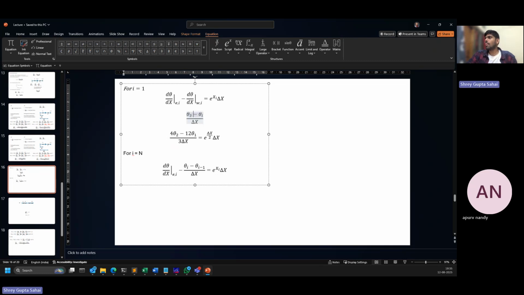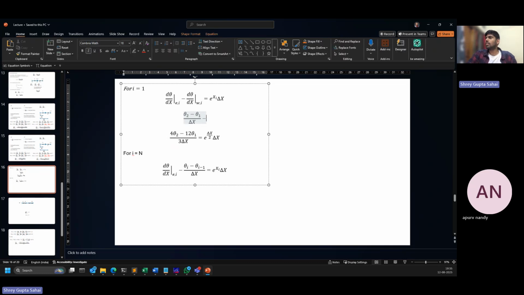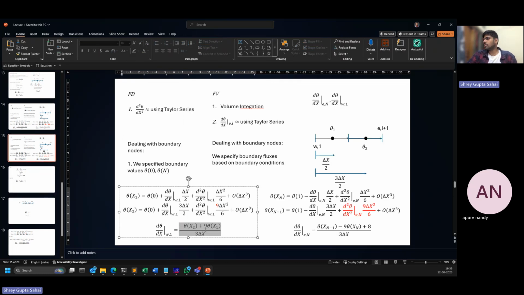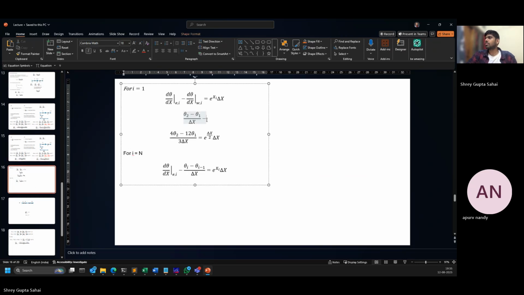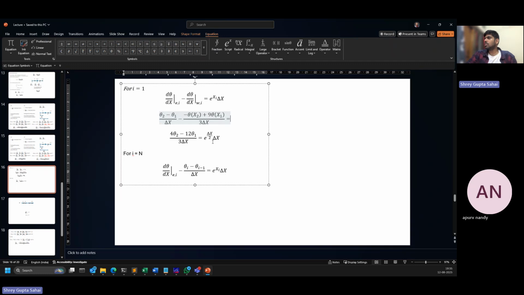Theta of 2 minus theta of 1 minus the term we arrived at, which is this value, equals 3 to the power of x by 2 by 2. This should be theta of 2. This should be theta of 1. Now if I do this, I take the minus sign inside. So I get this.